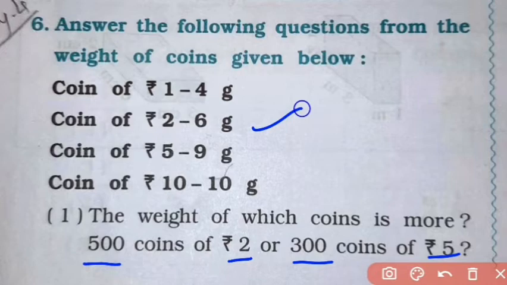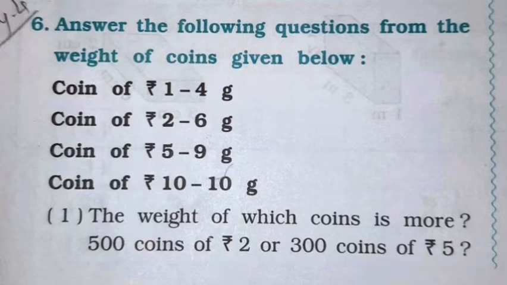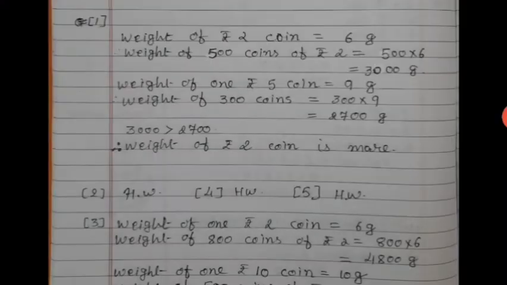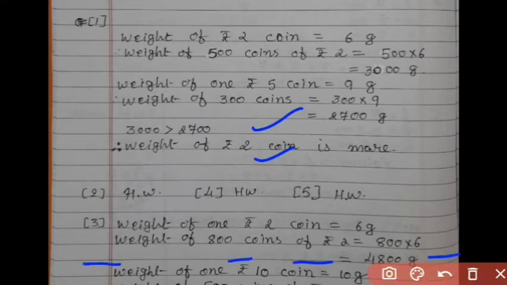Let us solve it. In the same way, the rupees 5 coin weighs 9 gram, and 300 coins are given, which we have to find out. Let us solve the sum. First, the weight of a rupees 2 coin is 6 gram. Then the weight of 500 coins of rupees 2 is 500 multiplied by 6.